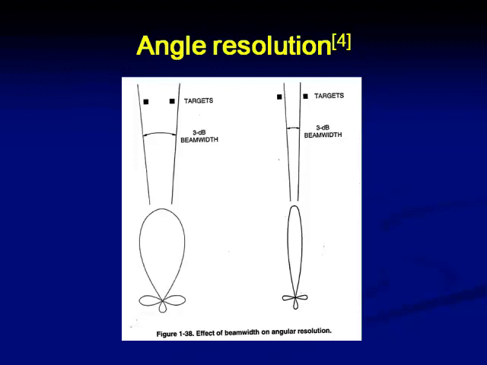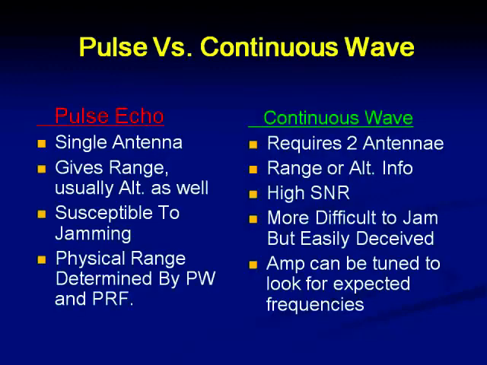With all this, let us now try to compare the two types of radars, pulse radar and CW radar. In a pulse radar case, as we have seen earlier, we can get away with a single antenna system, whereas in a continuous wave radar you require one for the transmitter and another one for the receiver.